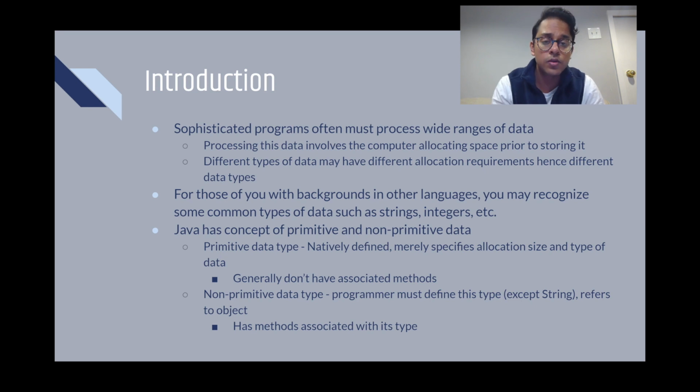The computer needs to know exactly what type of information is going to be stored in a specific block of memory. And this is very important because different types of data are oftentimes going to have different allocation requirements. So it's nice to know that up front so that the computer can go about actually manifesting this in the background so that you don't necessarily have to worry about it.